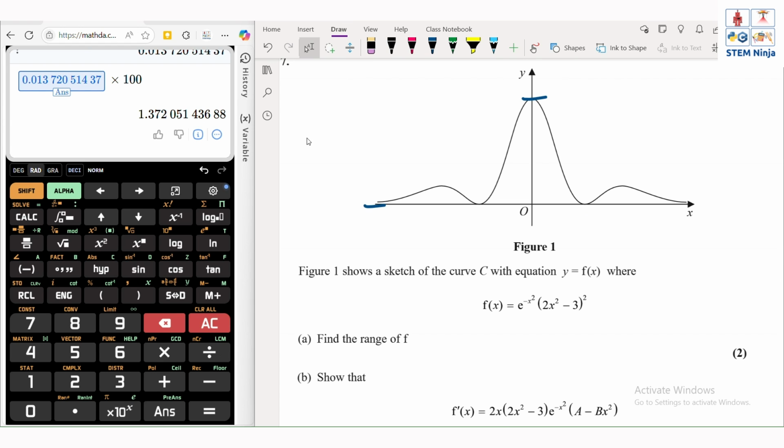So if we plug in f of 0, we know that this is on the y-axis. So we get e raised to power 0, 2 times 0 is 0, so minus 3 whole squared. So that is 9. And this is going from 0 to 9. How do we know that it gets to 9?